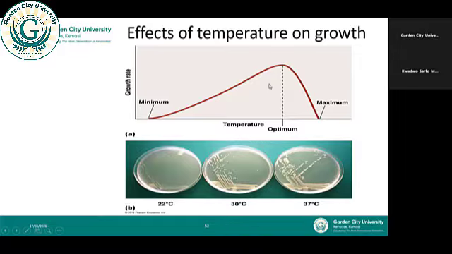All right. So if the optimum temperature is 37 degrees Celsius and you bring the organism to a fridge temperature or room temperature, let's assume 22 or 25 degrees Celsius, they will not grow very well.